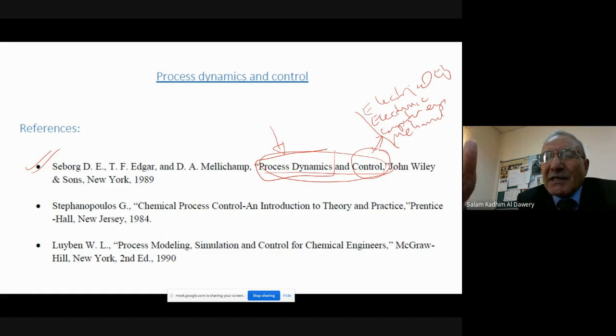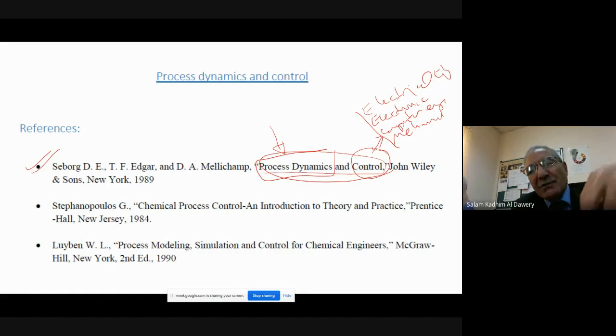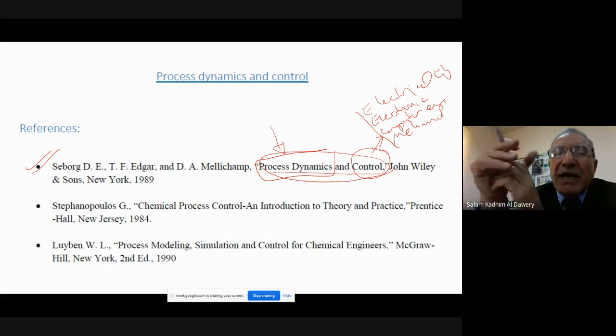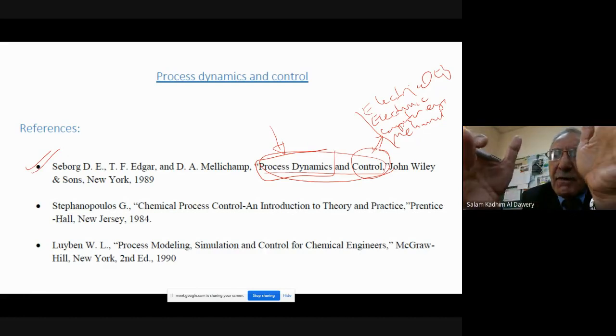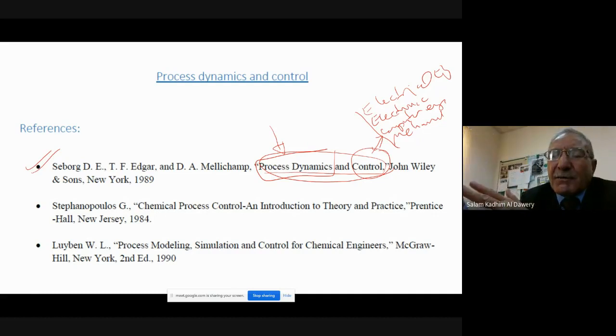But our process is a big tank. When the process feed comes in and goes out, it sometimes takes hours to see the behavior of the process. That's why we need to study the dynamics in detail. Compared to that, in their disciplines they are concerned with control more than the dynamics of the process. This is from the beginning, so these are the references.